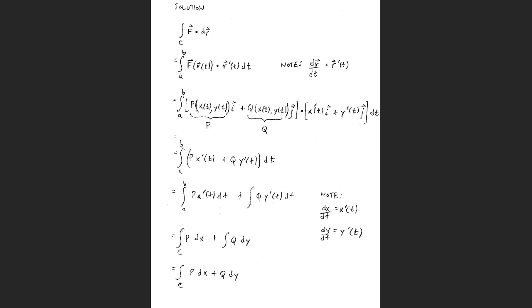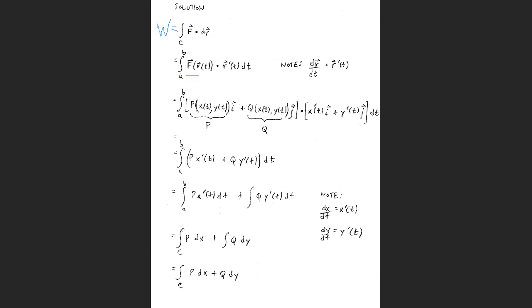So first of all, work is equal to the integral of F dot dr over curve C. What is that vector field F?